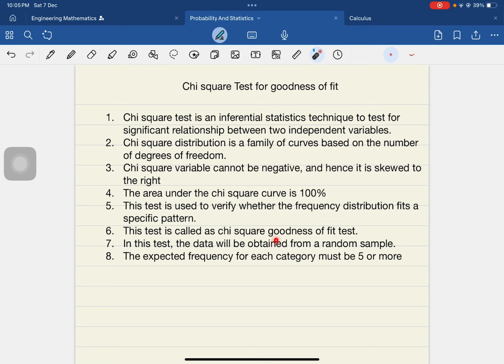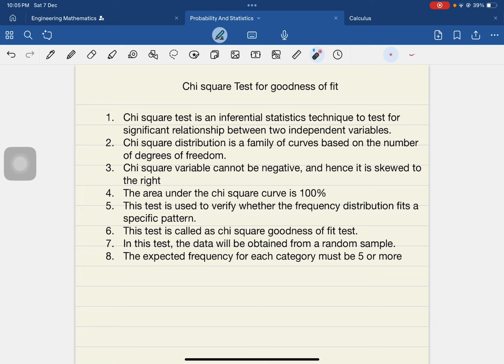We are going to test this by using the chi-square test. The data will be obtained from a random sample, and the expected frequency for each category must be 5 or more, a minimum of 5. These are the main objectives of the chi-square test.